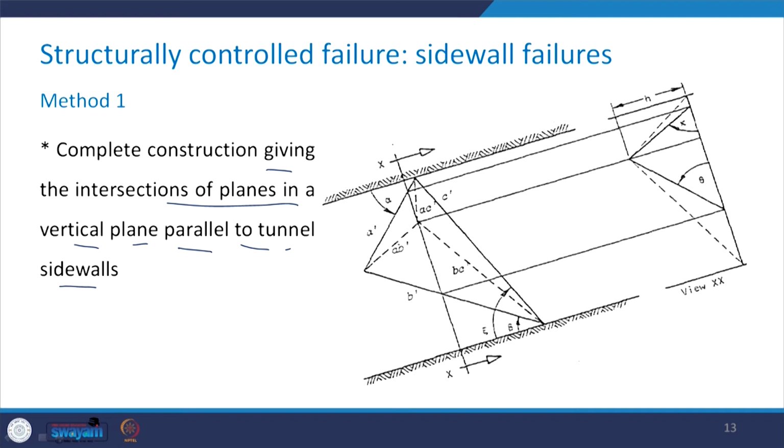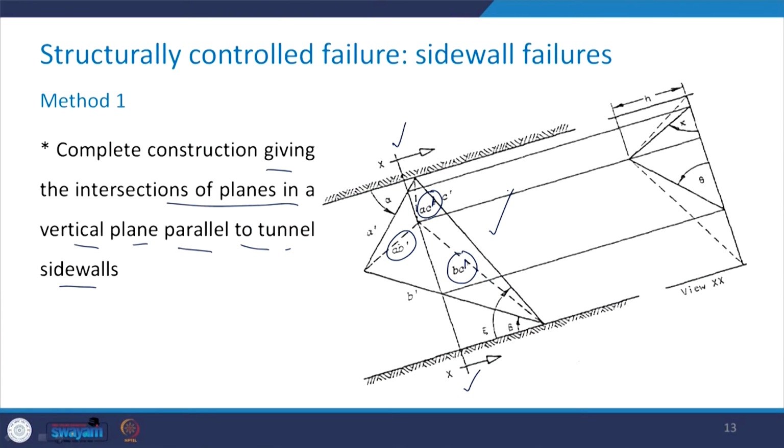So, this is how we are going to plot this section XX, and from the stereographic projection we already have got AB prime, BC prime and AC prime directions, and we can draw the parallel lines as we did in case of the roof failure.